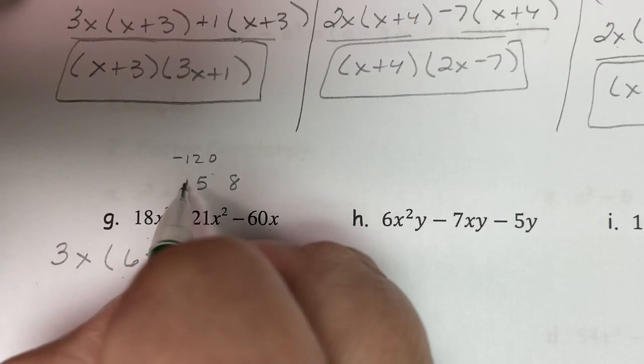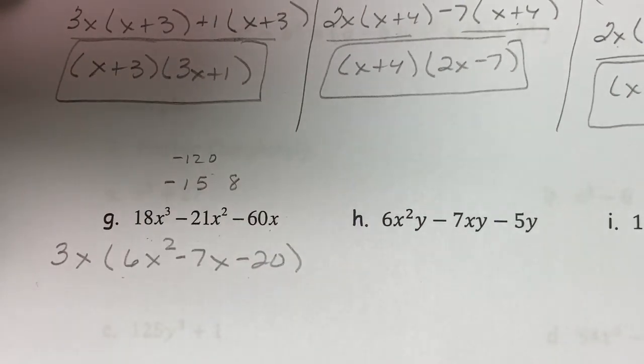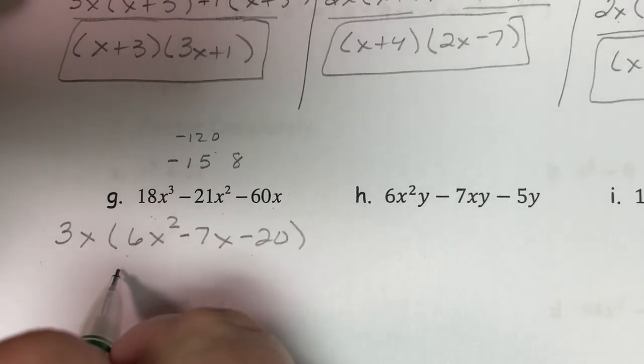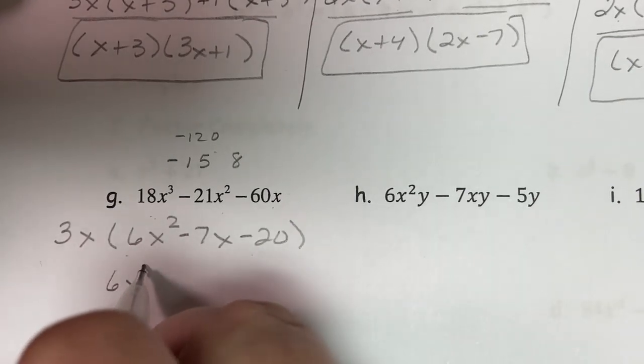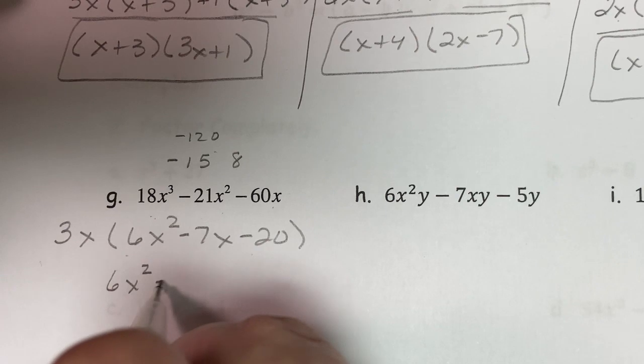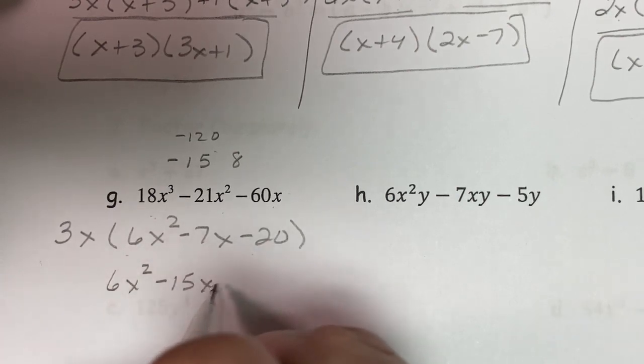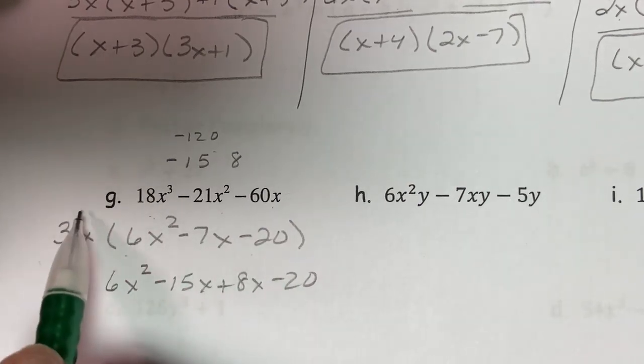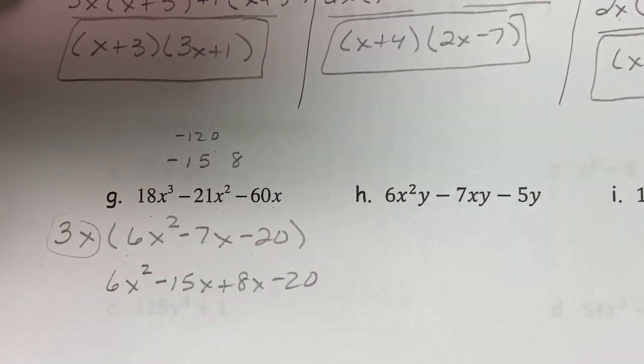And since they need to add to get a negative 7, it's going to be negative 15. So I'm going to keep the 3x there and bring it down in a minute. So 6x squared minus 15x plus 8x minus 20. Again, the 3x I'm going to worry about in a minute.